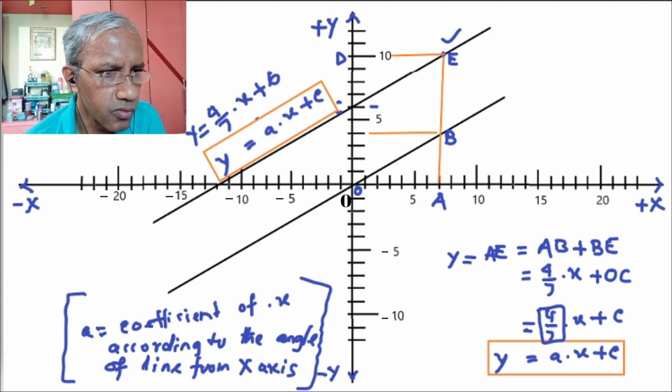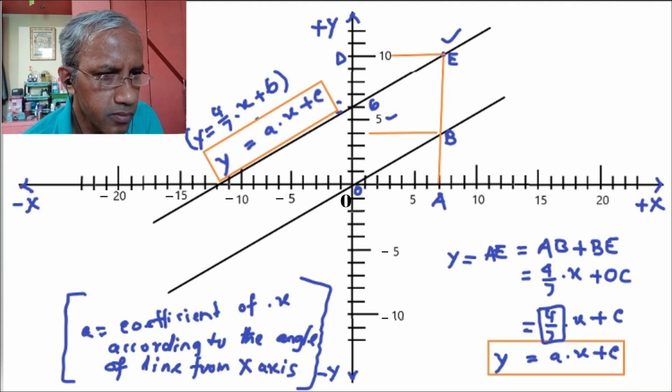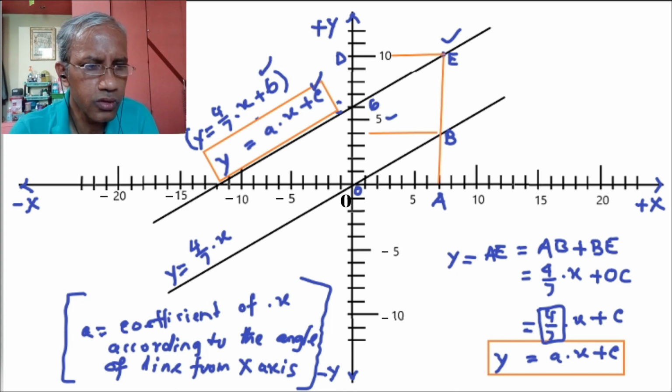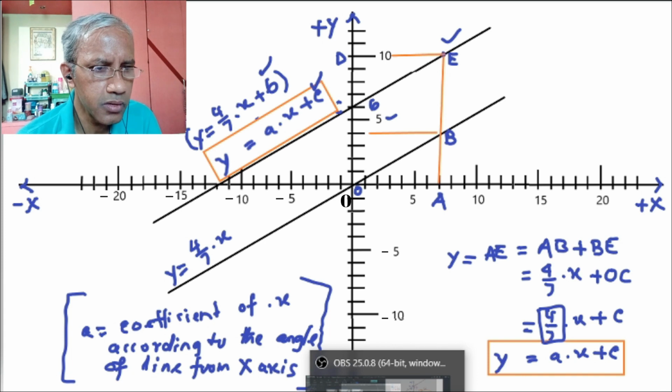So the formula for the line is 4/7 x plus 6, and here it would be y is equal to only 4/7 into x. c is 0 because the line passes through 0. So this way the formula for the lines can be derived.